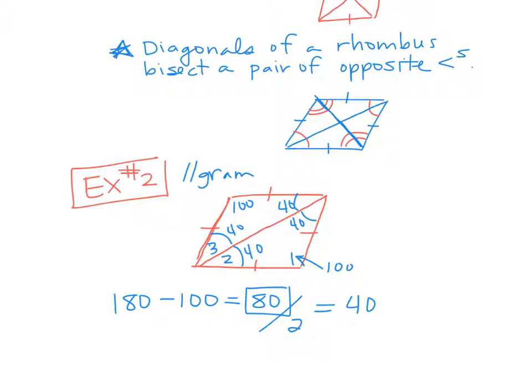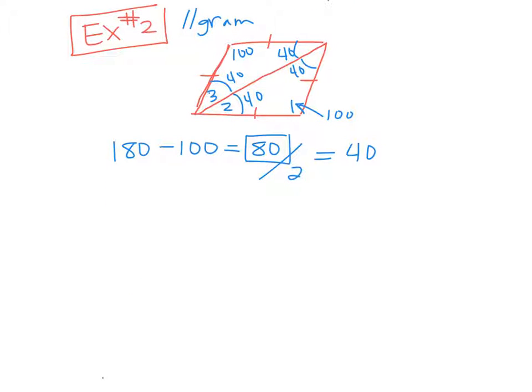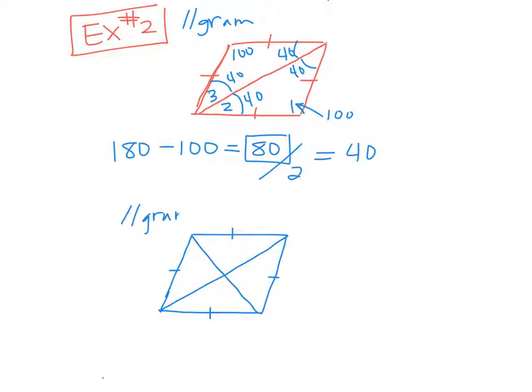Okay, how about this one? If I give you a rhombus with the diagonals drawn in, and again, this is a parallelogram, okay, so it is a rhombus.